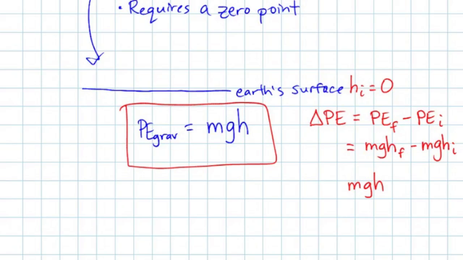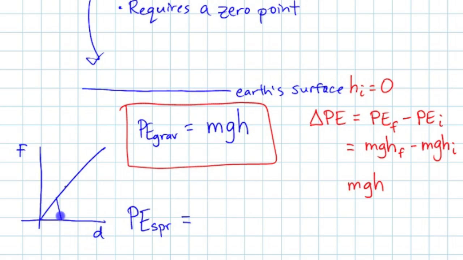One other thing you may discuss is potential energy which is stored in a spring. And this is related to the lecture on work when we talked about the fact that the area under a force versus distance graph, so that area is the work. Well, when you put work into something, you change its potential energy.